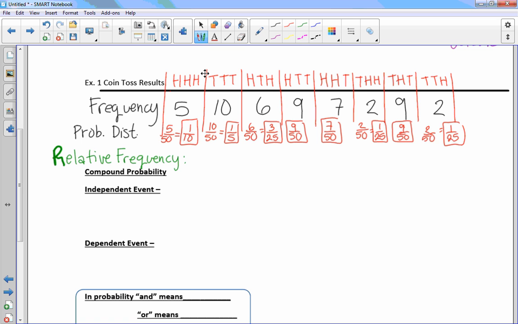Frequency of the category, how often this category, heads, heads, heads. Oh, excuse me, I was going to do how often we have exactly 2 heads. Relative frequency that we have exactly 2 heads. Sorry. So you need to look at all of our categories. How many of them have exactly 2 heads?